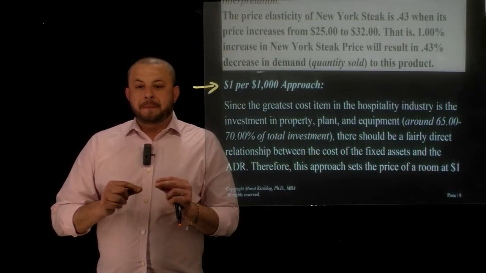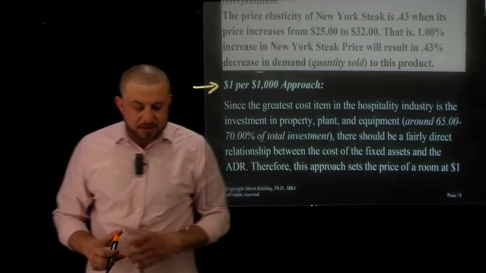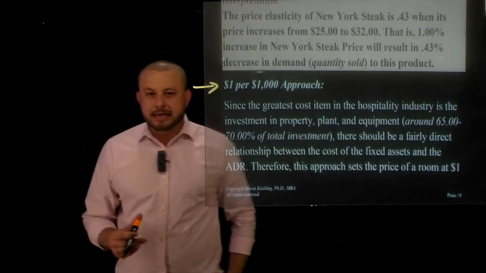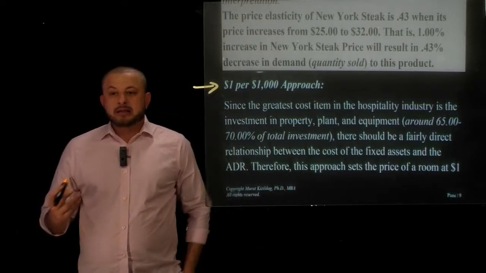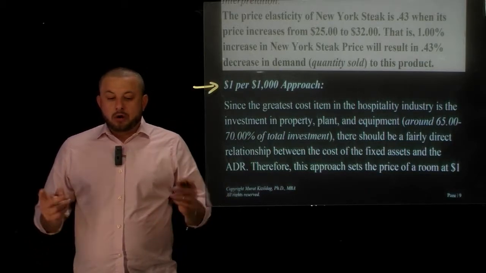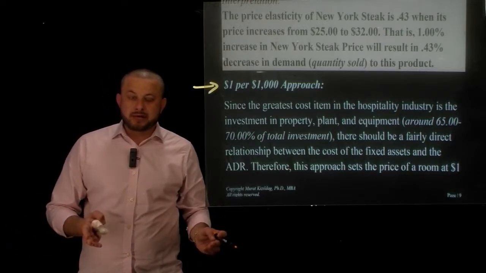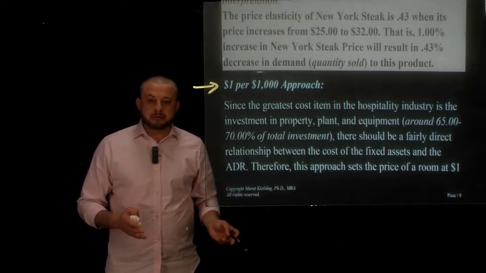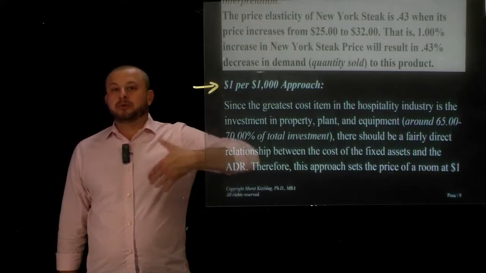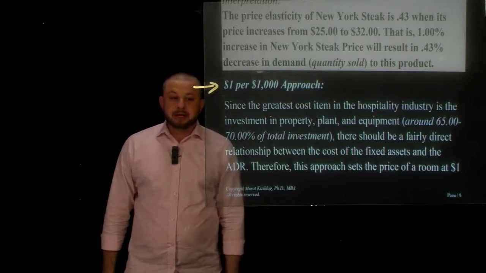If you are a brand new hotel, brand new development, or if you have an expansion project, you would like to know how much you might need to charge for the rooms. Therefore, the ADR calculation is based on this. So what I'm trying to tell you is, only if you are developing a new hotel and you don't know how much to charge for ADR or for any room, or you have an expansion project and you're trying to figure out how much to put as a price, the price for that hotel becomes critical.